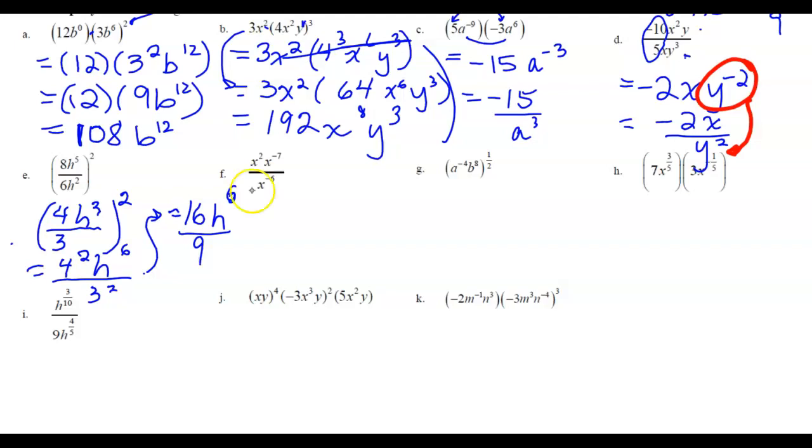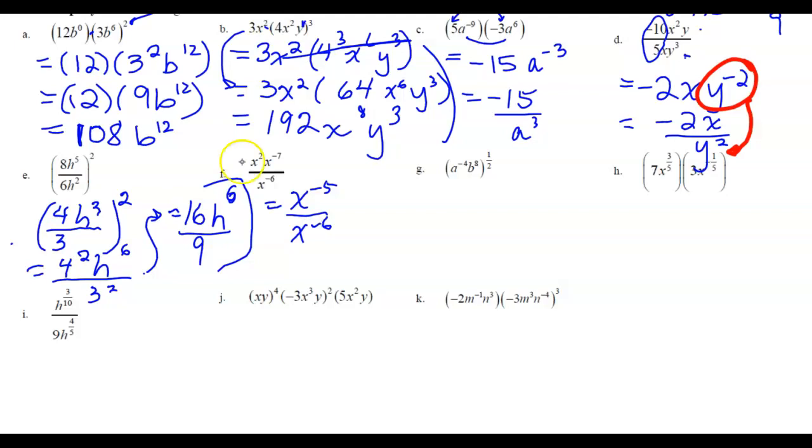Now, actually, this next one is a little bit easier. There's no numbers, it's just powers. Multiply together up top. So you can do it in steps if you want to do the numerator first. And then divide. You can, or you can do it all in one step in this case.